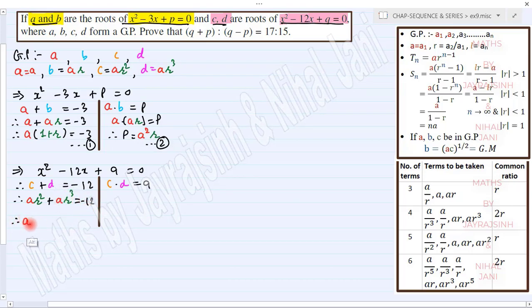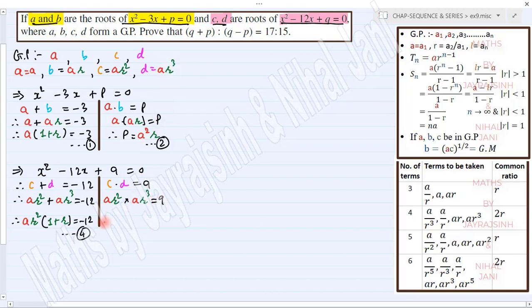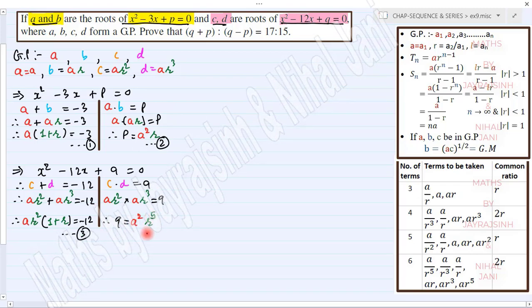So here we can take ar square common and you will get 1 plus r is equal to minus 12. This will be your equation number 3. Similarly, your c into d is q, which will give us q is equal to a square into r raised to 5. This will be your equation number 4.